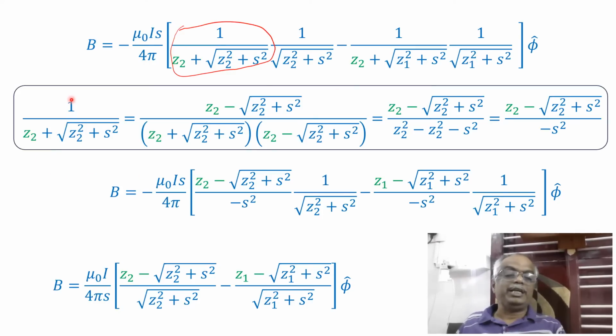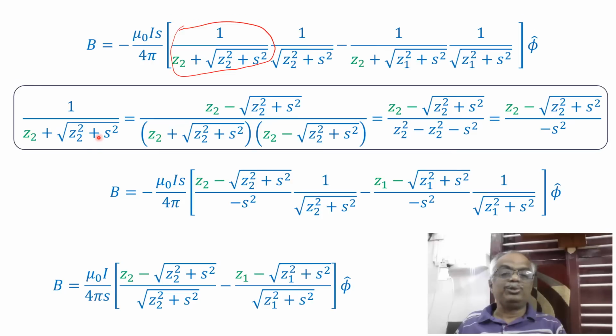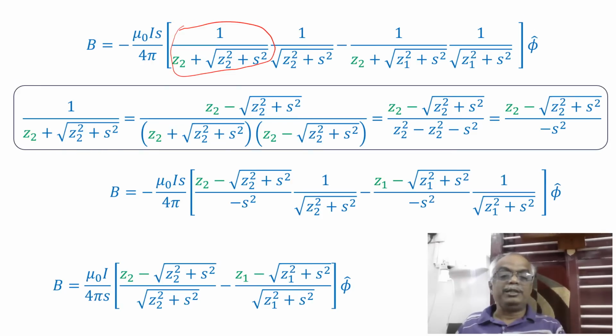So I am taking 1 over z2 plus square root of z2 squared plus s squared. What I am going to do is multiply and divide by z2 minus square root of z2 squared plus s squared. So I am dividing by the same thing.